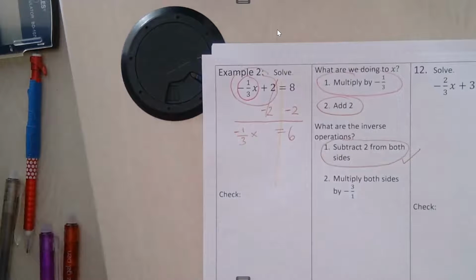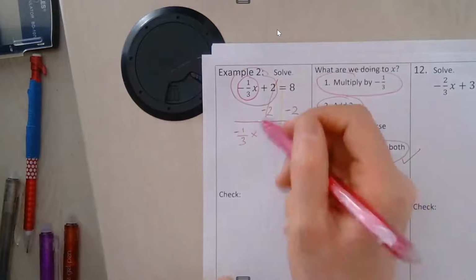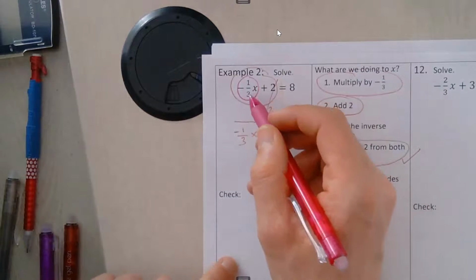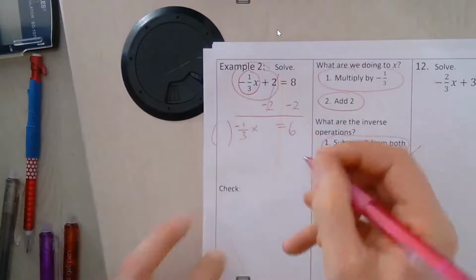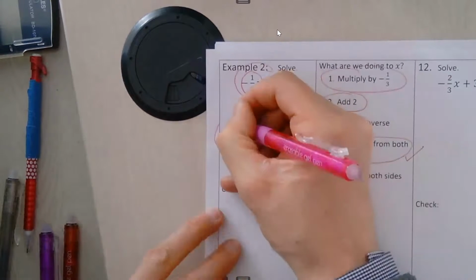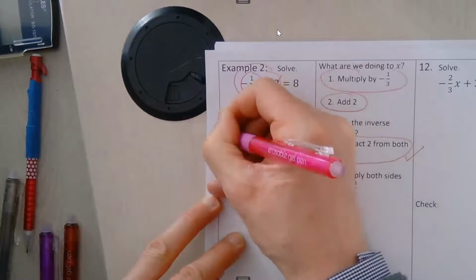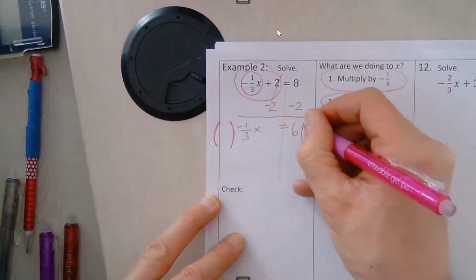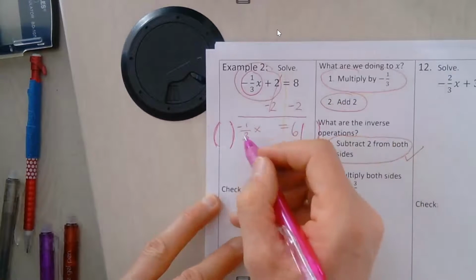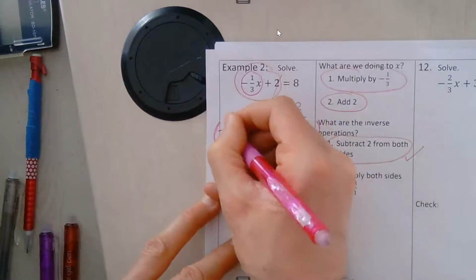For step 2, what we need to do is multiply by the reciprocal of -1/3. So the reciprocal of -1/3 is -3.